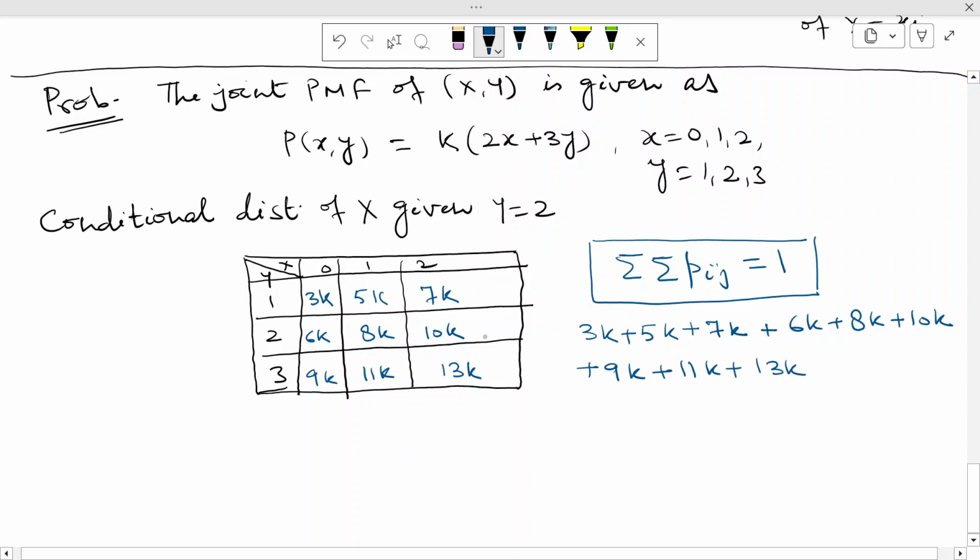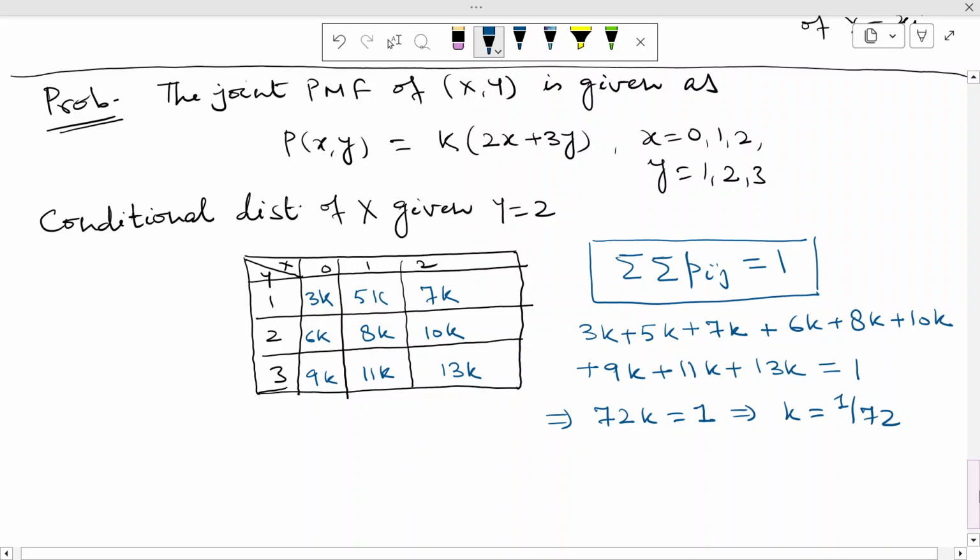So we are having total 9 values, and we have to add all these 9 values, and we should make this sum equal to 1. So finally we are having 72k as 1, and this will give you the value of k as 1 over 72.